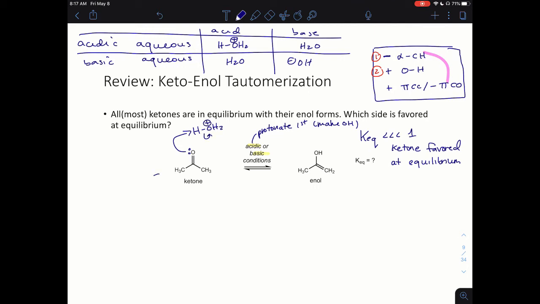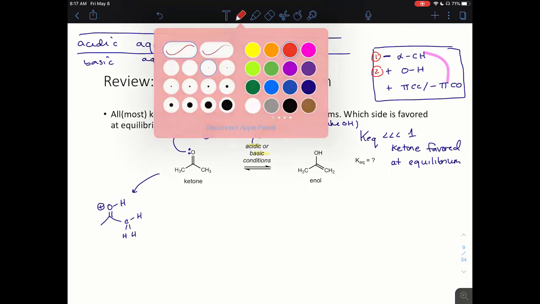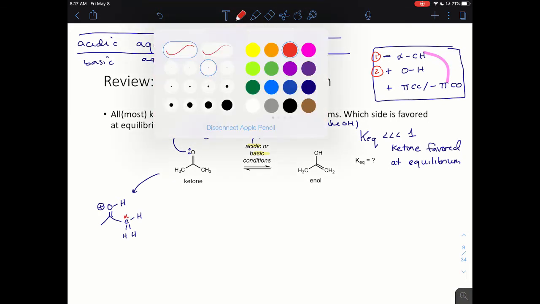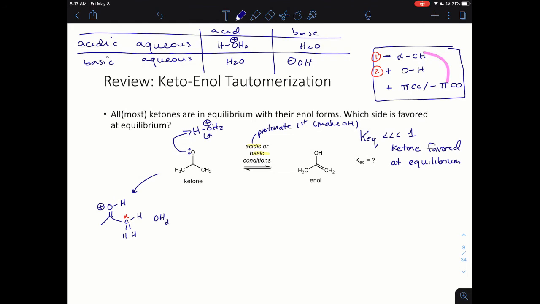Under acidic aqueous conditions, the acidic species in solution is hydronium. Cool, so now we have made the O-H bond. We just need to deprotonate, remove the alpha C-H bond, which makes the pi C=C and breaks the pi C=O.